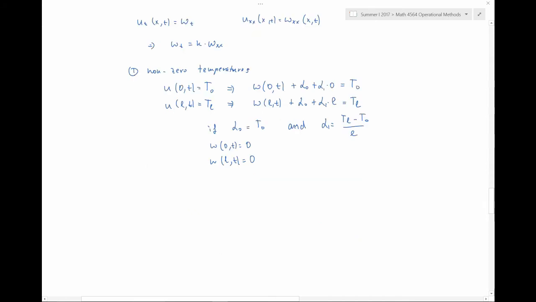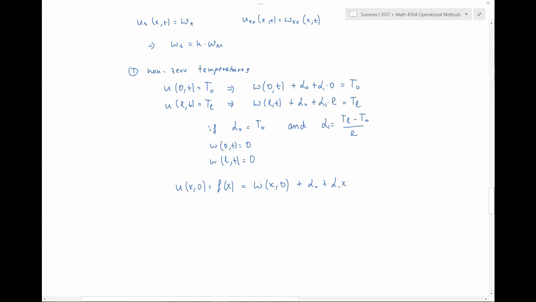For the initial value, presumably u of x,0 equals f of x. That means that if I plug in 0 time into my u function, it should be equal to w of x,0 plus alpha naught plus alpha 1 x.